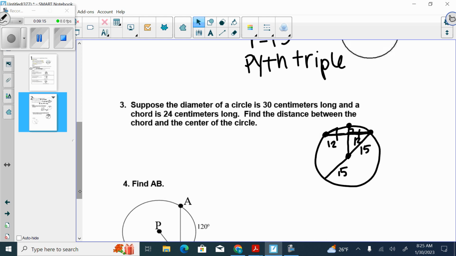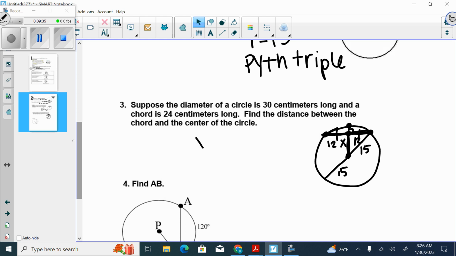And they want us to find the distance from the chord, which is here, to the center of the circle. So I'm looking for the length of this piece here. That's not a radius because it doesn't go all the way to the edge. So we are going to have to solve here. What am I going to do? Pythagorean theorem again, right?